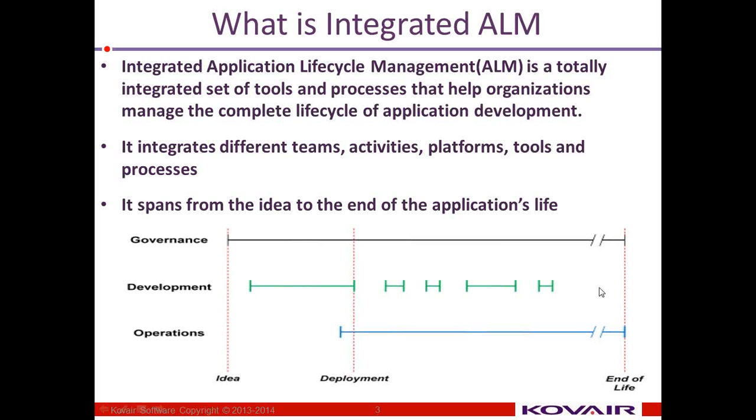So the product or the application will be discontinued, or it can also happen that a newer, better product comes in and replaces this. So that is the end of life of the project or of the application. So ALM consists of this entire cycle, and not only the SDLC parts. Multiple SDLC cycles can be repeated within the life of an application.